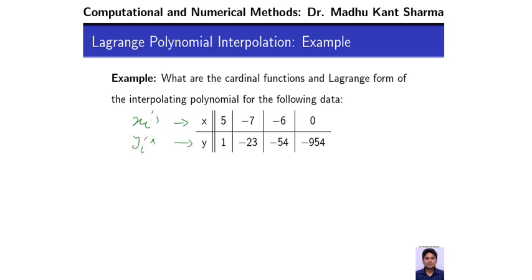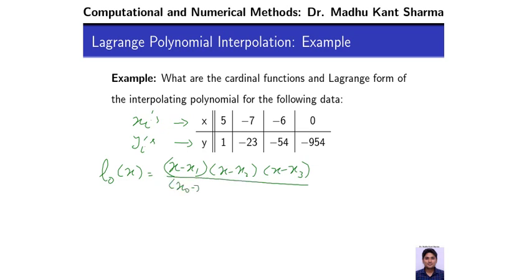Now if I wish to write the cardinal function L0, that is equal to (x minus x1)(x minus x2)(x minus x3) divided by (x0 minus x1)(x0 minus x2)(x0 minus x3). Now incorporate the values of xi's.